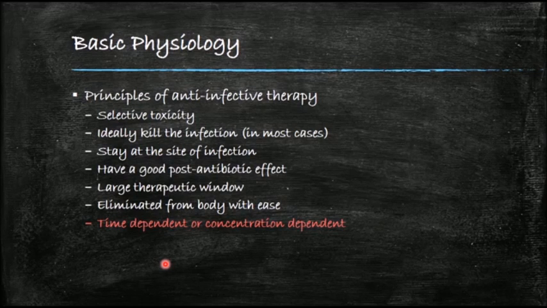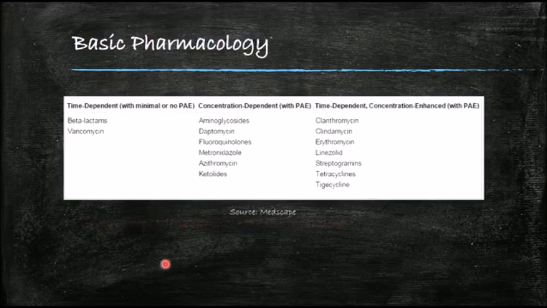So these drugs you give usually once a day, but you give them a really big whack of a dose. With time dependent, it doesn't matter how high above that MIC level the concentration is, it's not going to work any better. So these are your time dependent and your concentration dependent.